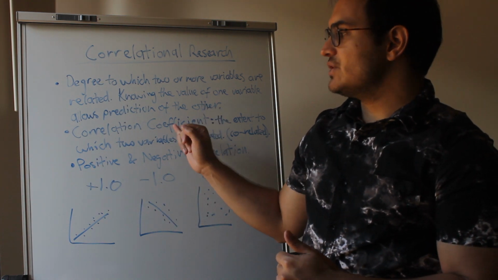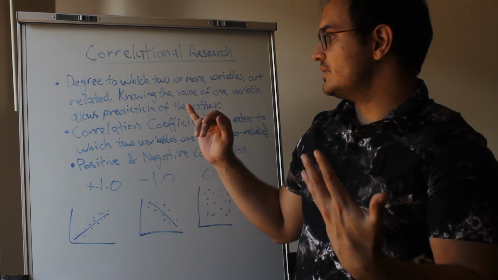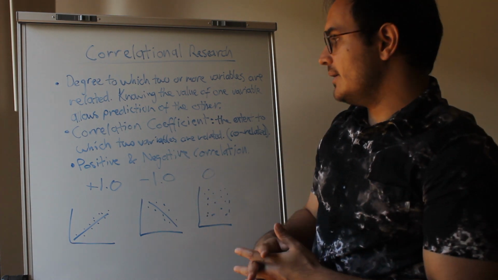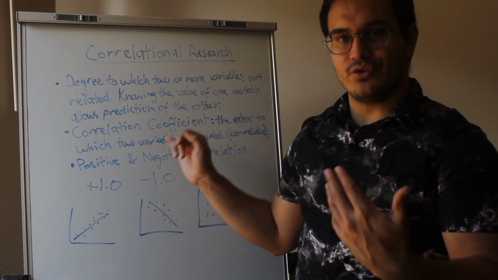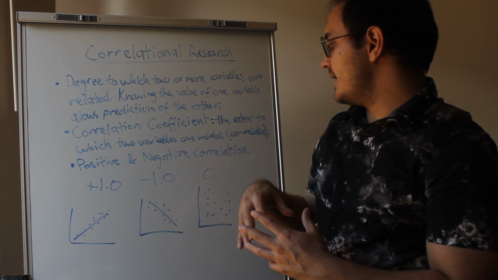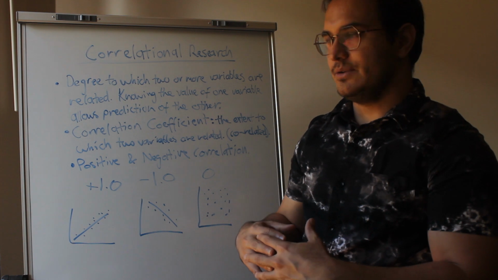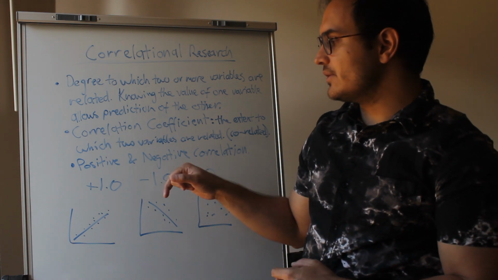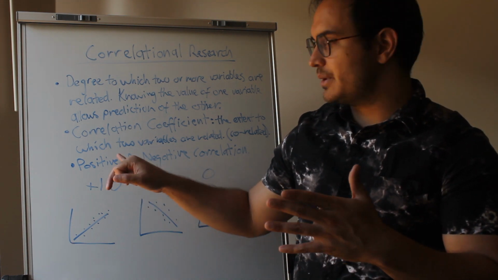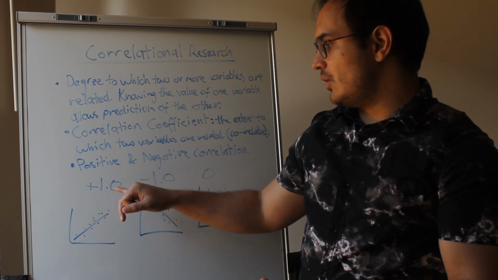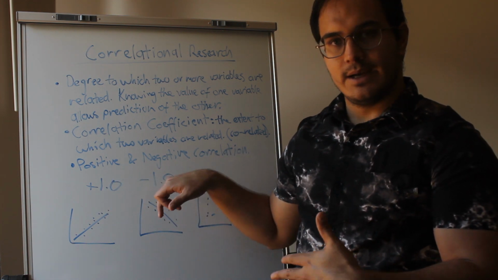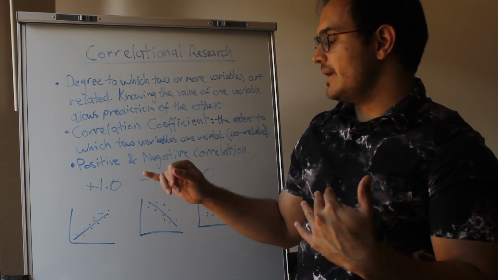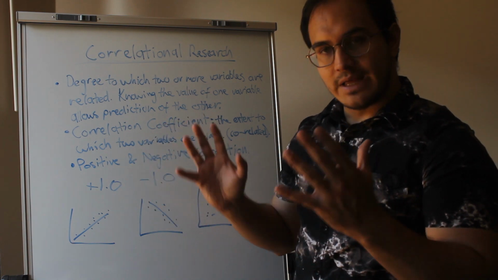And so we measure this through a statistical device called the correlation coefficient, which shows the extent or the strength between two variables. Okay, and so it literally means they're correlated. So how much these variables are related to each other. And so you can only ever get from +1 all the way to -1, or anywhere in between. Okay, so if it's a +1, it's a positive correlation.